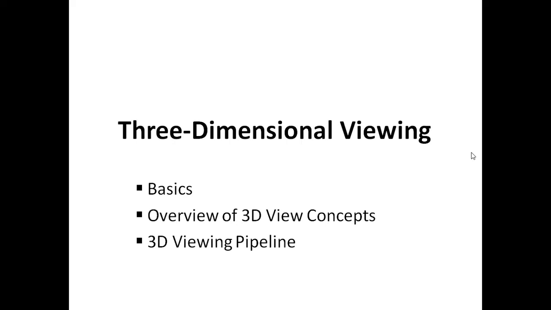Along with that, the transformation from world to viewing coordinates, projection transformations, orthogonal projections, perspective projections, and some of the supportive OpenGL functions. Here we will once again revise the concepts of 2D transformations, but we are applying the same concepts in terms of 3D perspective.